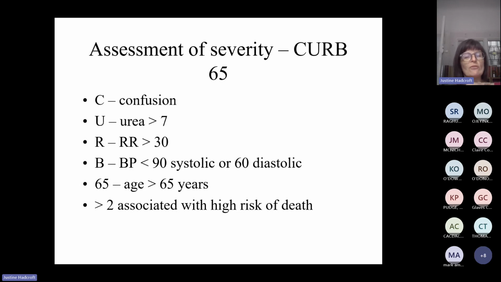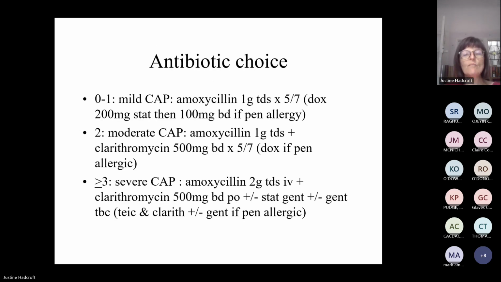And if you get no points, you've got a CURB 65 of 0. And the lower the number, the lower your risk of death. And once you're on to 2 or more, your risk of death increases. And that also informs your antibiotic choice.